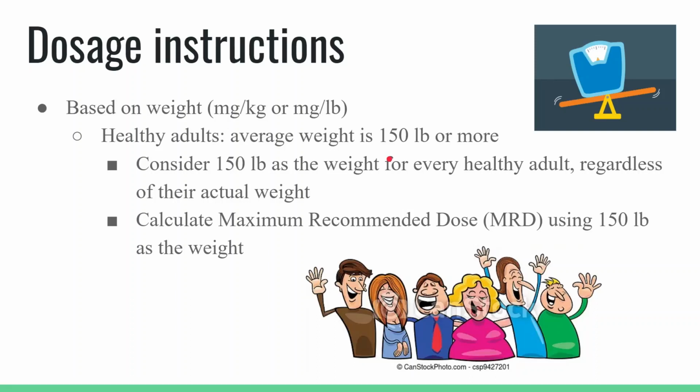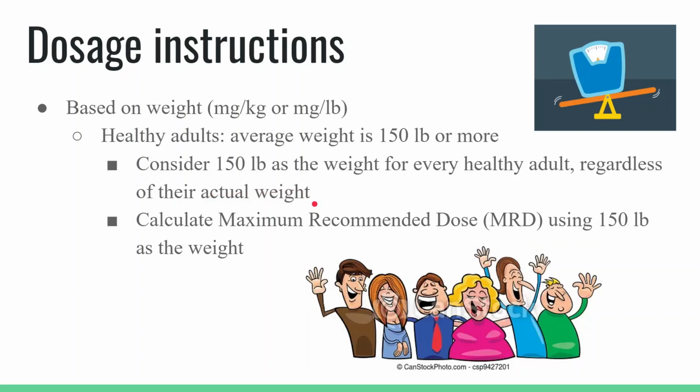Obviously, there is some variation. For example, this gentleman right over here, he's tall, so you can expect his weight to be 180 pounds or 190 pounds. Whereas this lady right over here is a little short, so she might be around 140. But it's important to understand, even though there's variety between healthy adults, we consider 150 pounds to be the weight for every healthy adult, regardless of their actual weight.